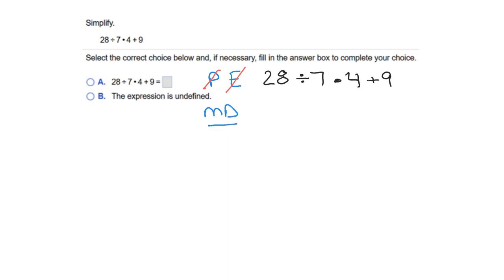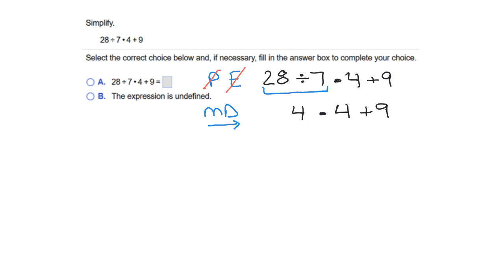So I'm going to put a little arrow right here. Now, although I have a division and a multiplication symbol, I have to do what occurs first. So this division symbol occurs first. So I need to take 28 divided by 7, which gives me 4 times 4, and I'm rewriting the rest of my expression.